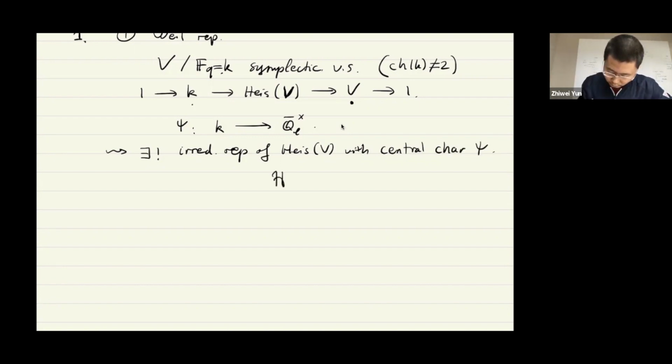Let's denote this by HV. This is a representation whose isomorphism class is uniquely determined by this additive character.